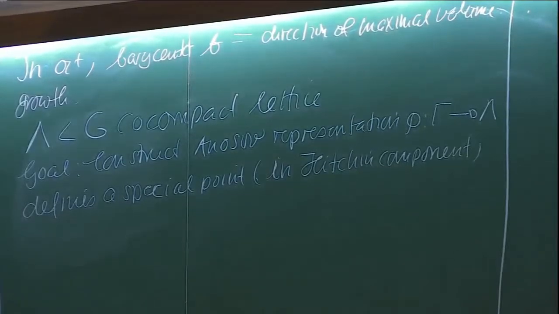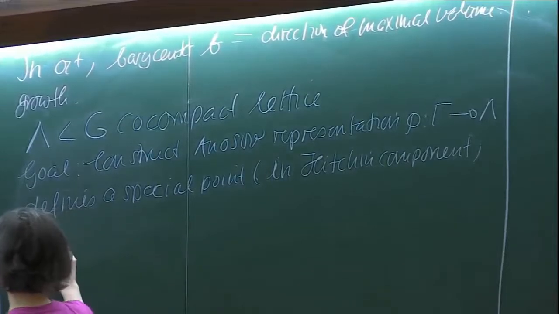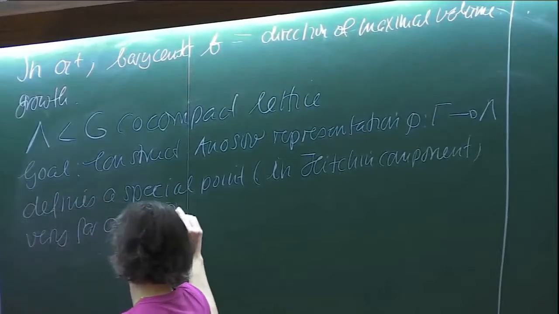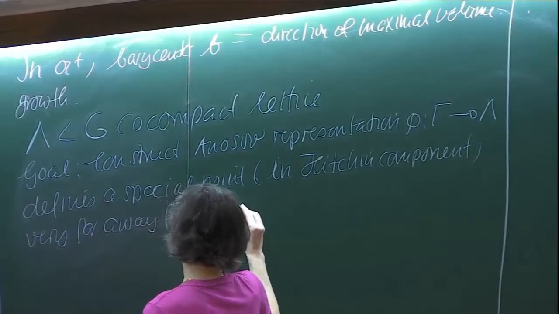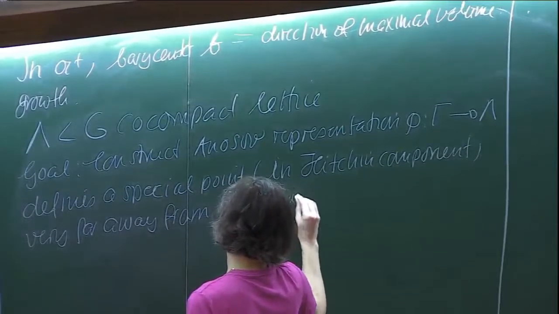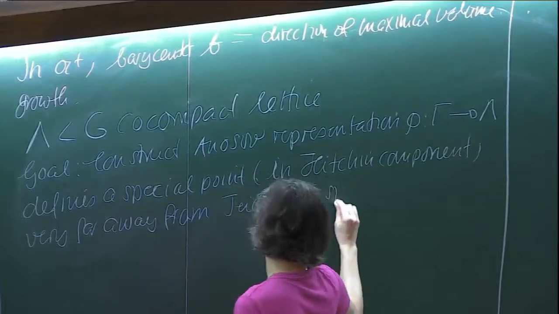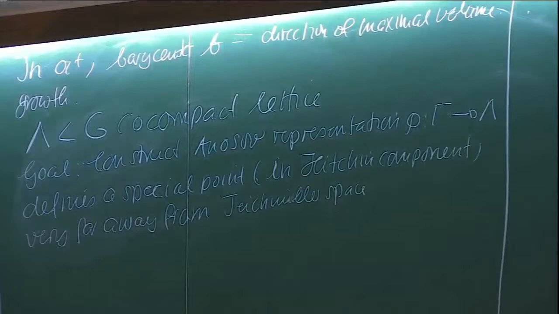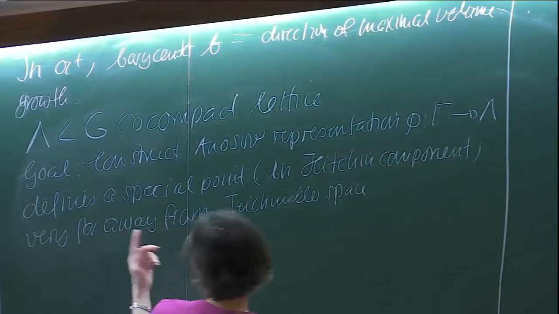However, the caveat, as you will see at the end, is that these are very far away from the locus of the Teichmüller space. I have no idea how to construct Anosov representations that are special points close to the Teichmüller space. So for the rest of my time, I will give you an outline of how to construct those.